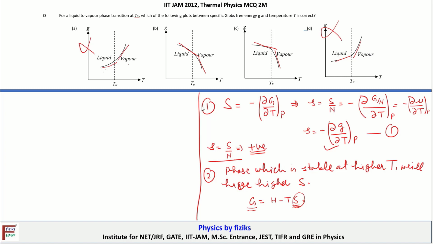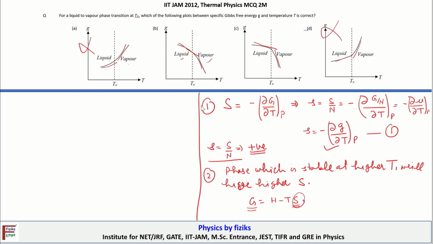So if you take a look at pictures B and C, both of these curves satisfy this requirement also. When we are moving from liquid to the phase boundary, the Gibbs free energy per particle is reducing. So again these two curves satisfy condition 2. Now, on what basis can we decide whether B or C is correct?